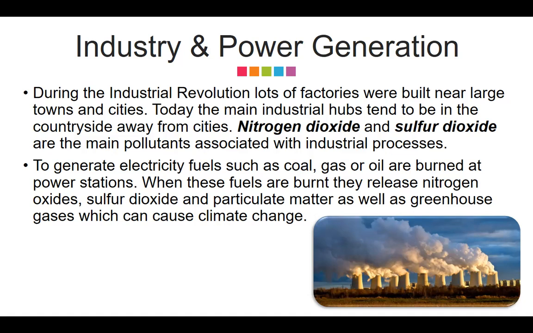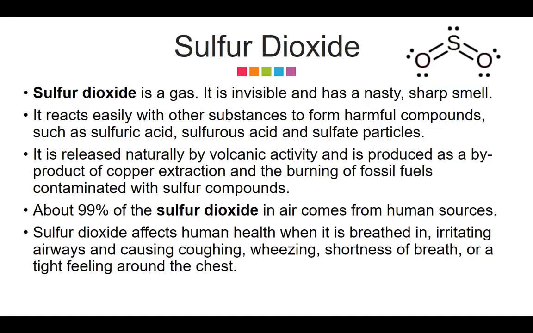When these fuels are burnt, they release nitrogen oxides, sulfur dioxide, and particulate matter, as well as greenhouse gases, which can cause climate change. Again, I know it keeps coming up, but I'm not going to focus on greenhouse gases and climate change here. I'm going to save them for notes that we have later on in this unit. So let's take a look at those different molecules that we mentioned, the sulfur dioxide and nitrogen dioxide in particular.